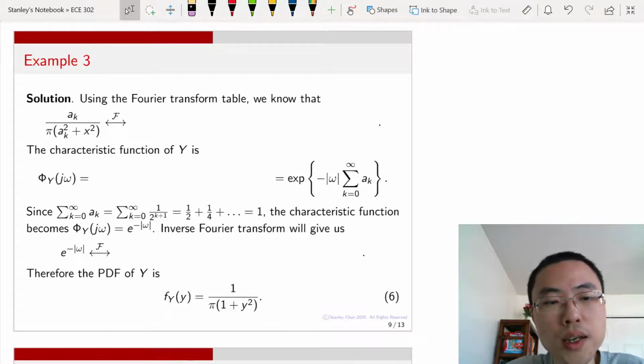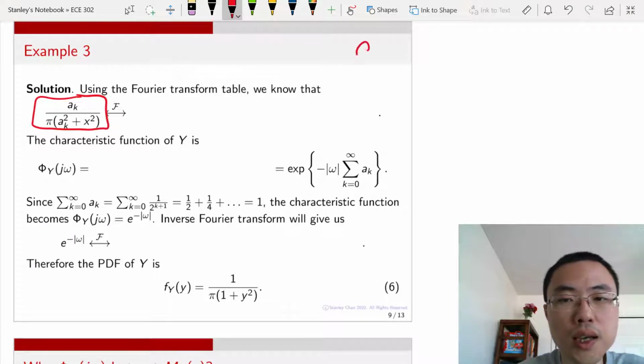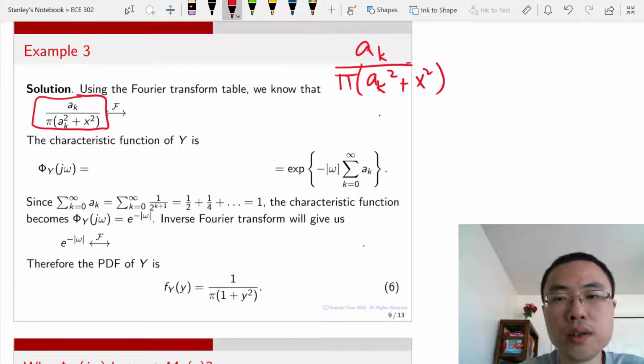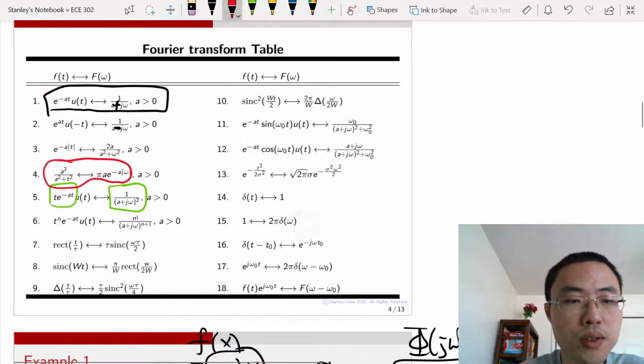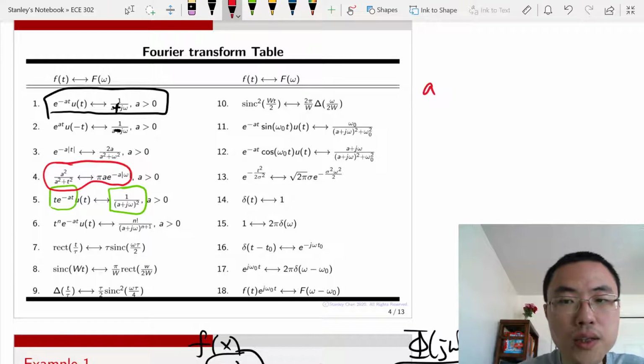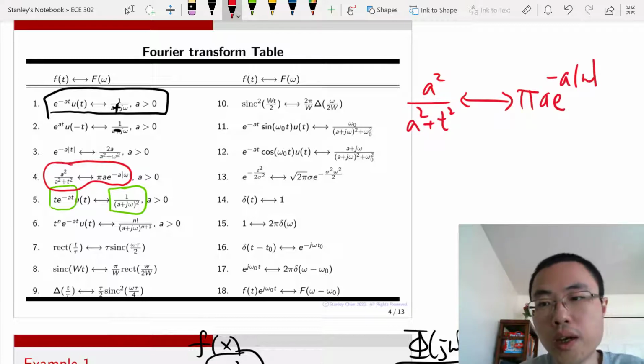Okay, so exactly how do we do this problem? Well, let us go to here. You have this expression. This is ak divided by lambda of ak squared plus x squared. For this, I need to take the Fourier transform. So let's go back to this table here. If you have a squared divided by a squared plus t squared, that would translate to pi a e to the minus a absolute omega.